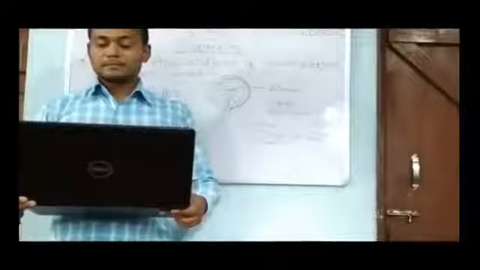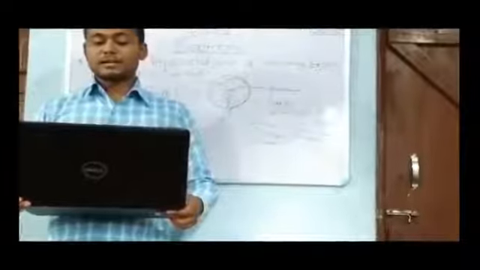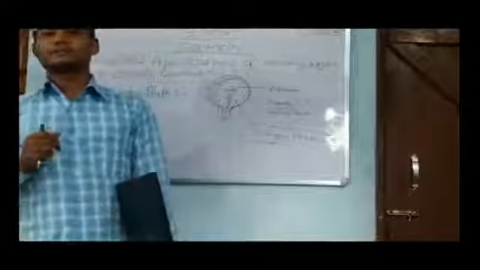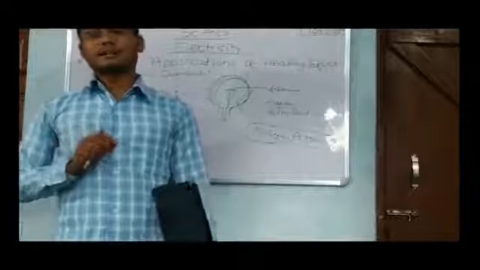If a current larger than the specified value flows through the circuit, the temperature of the fuse wire increases and it melts, and the fuse wire breaks the circuit, by which we save so many costly electrical appliances in our home.